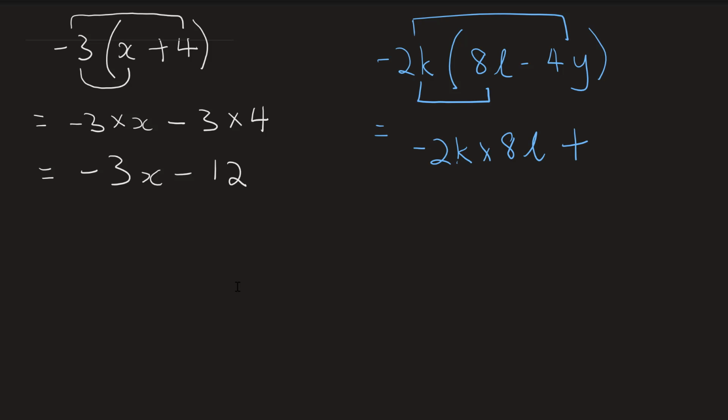So I'm going to write plus here. 2k times 4y, and let's tidy this up. Minus 2k times 8l is minus 16kl plus 2k times 4y is 8ky.